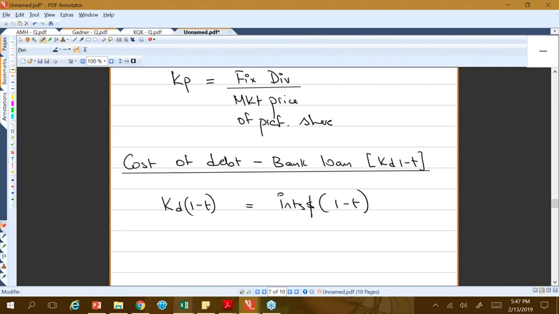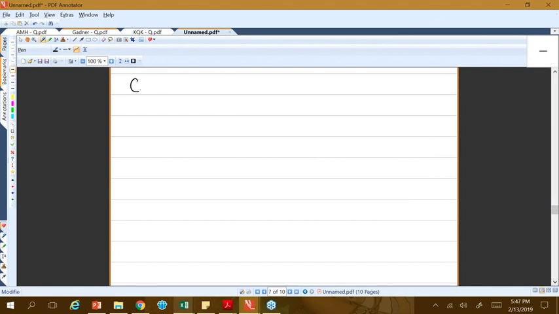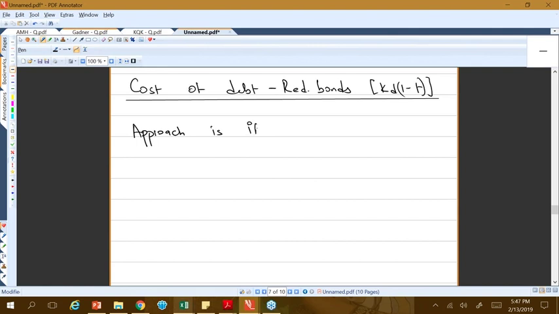Okay. Now, the last thing here is the cost of debt of redeemable bonds, redeemable traded bonds. And we are going to work out the KD(1 minus T). Now, the approach we use here is IRR. And I'm sure you know from your tuition phases that we use the IRR approach to find the KD(1 minus T) of the redeemable bonds.